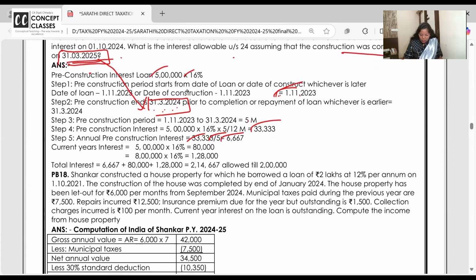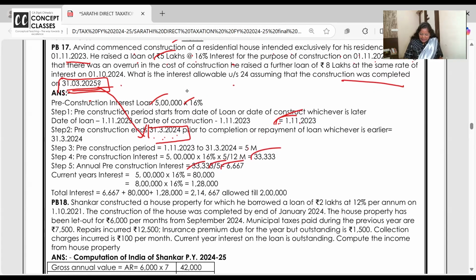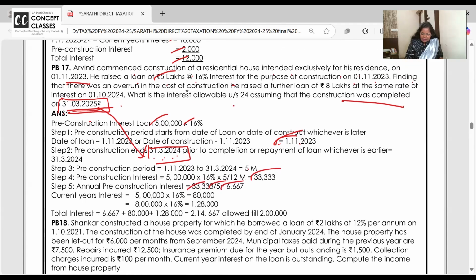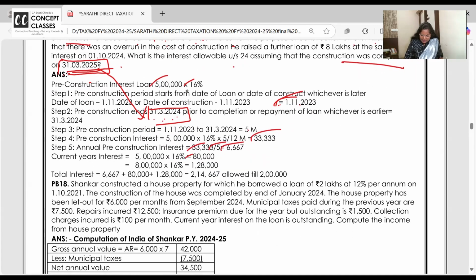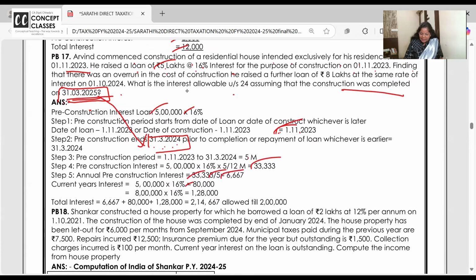Okay. Now, current year's interest. In the current year, 5 lakh into 16% is there, and 8 lakh. Now listen, all of you. The 8 lakh loan is taken at the same rate on October 24, after your pre-construction period is over.